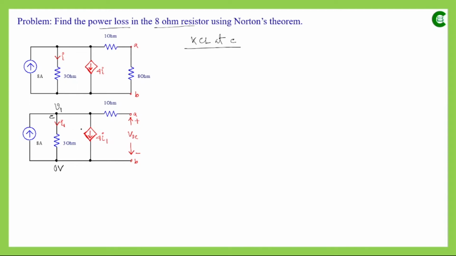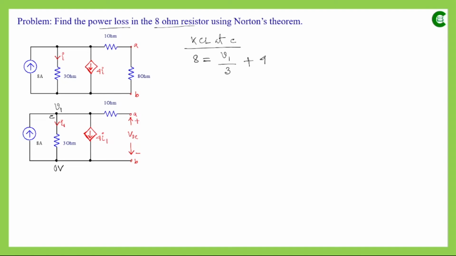Now here, as per the directions given in the main circuit, we have only one incoming current with respect to this node, and all other currents are outgoing currents. So simply the equation will be 8 equals the current through this resistor, which is the voltage drop between these 2 points, V1 minus 0, divided by the resistance value 3, plus the current flowing through this dependent current source, which is 4I1.